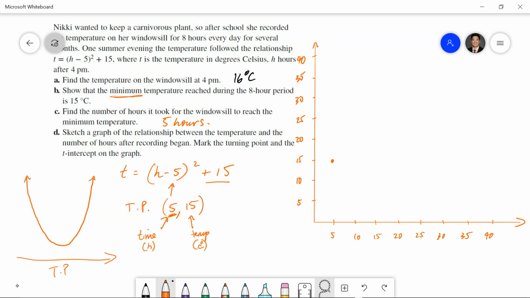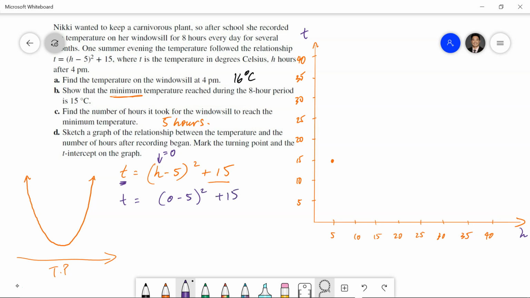The other aspect that we also need to work out is our y-intercept. Or in this case, we've got our temperature, and we've got our time in H. So we're wanting to work out what T is when H is equal to 0. So what we'll have here is that T is equal to 0 minus 5 all squared plus 15.